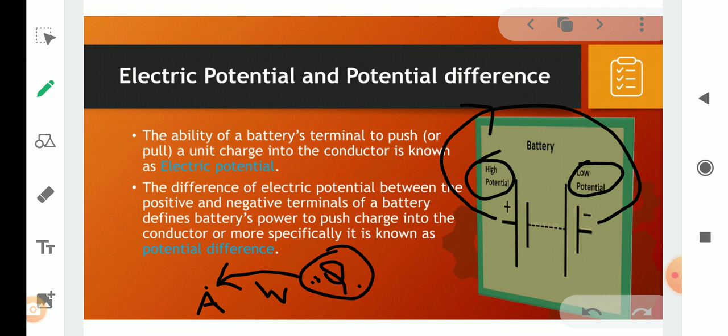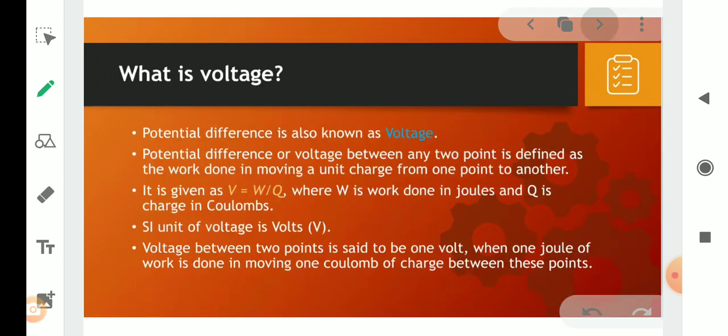The difference of electric potential between the positive and negative terminals of a battery defines the battery's power to push a charge into the conductor, more specifically known as potential difference. In an easy way, we can define it as the work done in bringing a positive charge from one point to the other point.